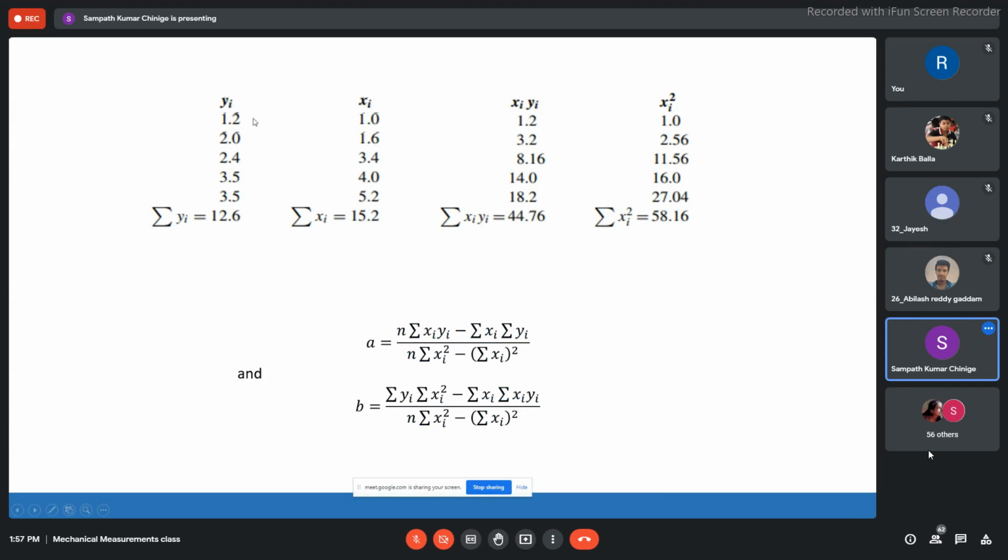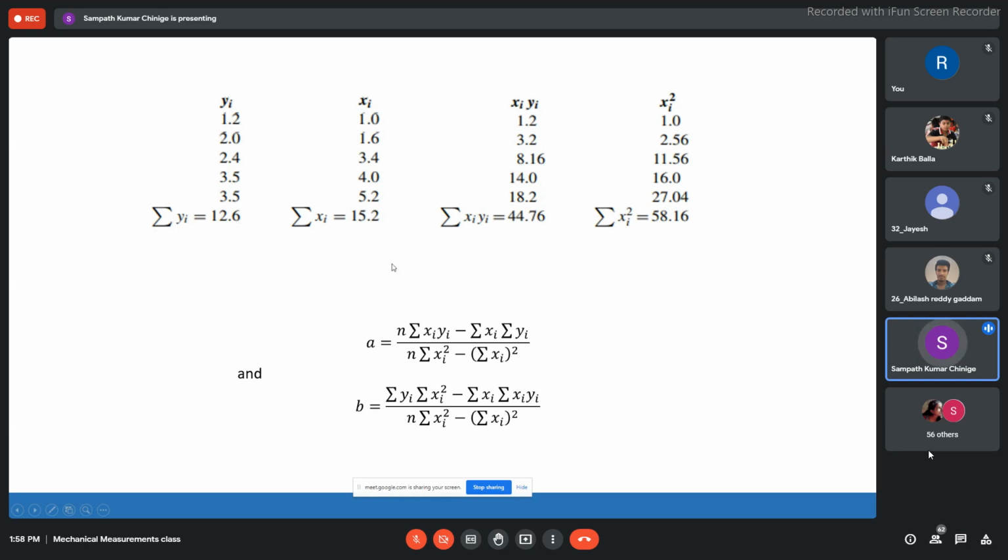So for a given yi and a given xi, we will multiply them and write down 1.2 into 1, 1.2, 2 into 1.6, 3.2, like that. Then you square this xi term. Then sum all these yi's, all these xi, all these xiyi, all these xi square. Now for finding a, n here is 1, 2, 3, 4, 5.